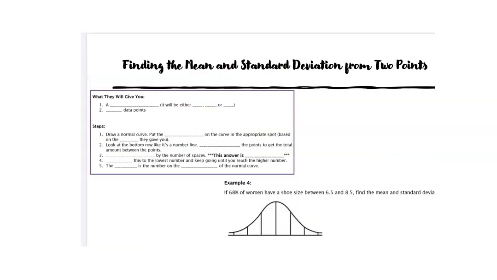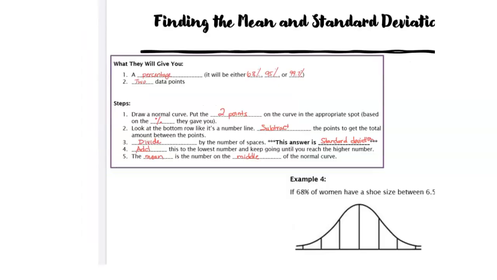Let's try our next example. We're once again going to use those exact same notes. Okay, so they're going to give us a percentage. It'll either be 68%, 95%, or 99.7%. And they'll give us 2 data points. Steps: number 1, draw the normal curve, put the 2 points on the curve in the appropriate spot based on the percent they give you. Number 2, look at the bottom row like it's a number line.